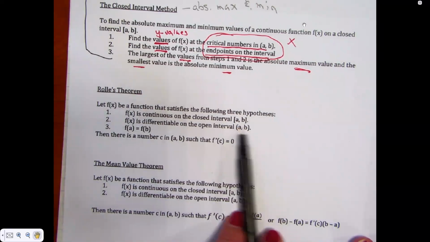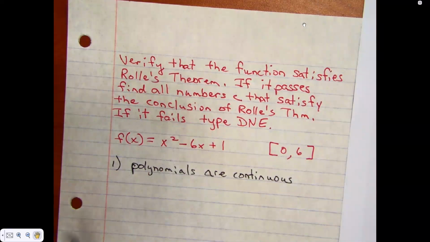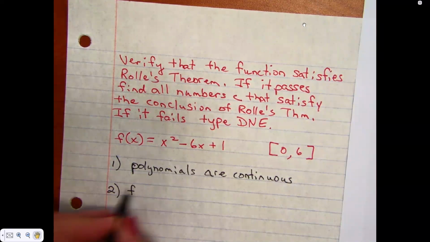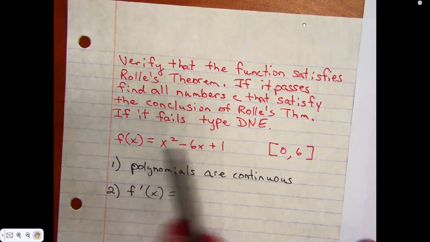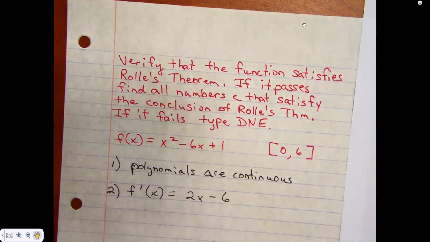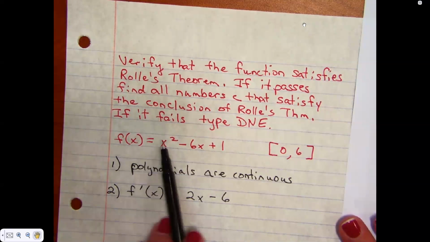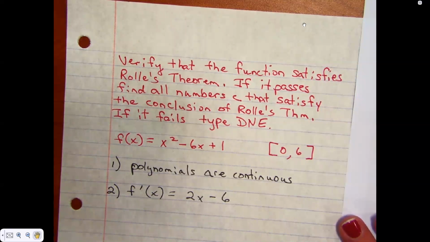But to show that this is differentiable, I like to find the derivative. What's the derivative of our original? Roll it down, subtract 1, 2x minus 6. If there's no problems there, that means the derivative always exists, which means f of x, the original problem, was always differentiable.